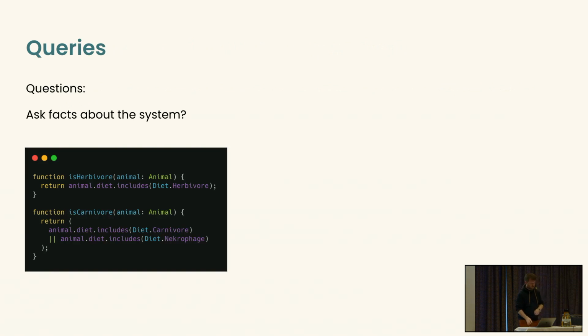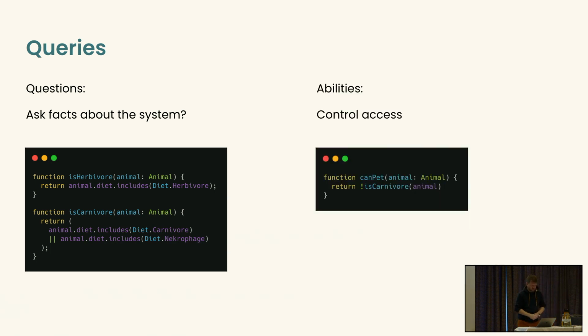So let's see how they work. With queries, or questions, we might want to ask, hey, is this animal an herbivore or carnivore? We can answer this by looking at what they eat. And then we can use this fact that we now know about the system to control the access. Hey, can we pet the animal?